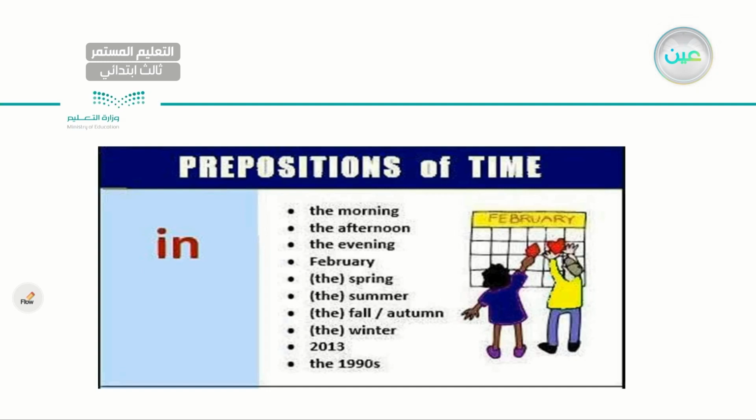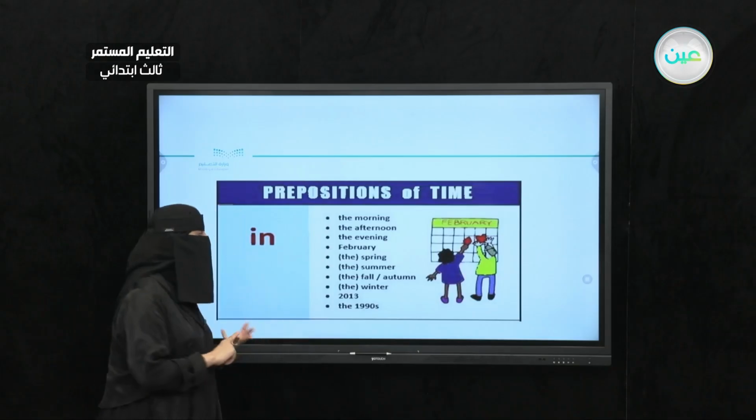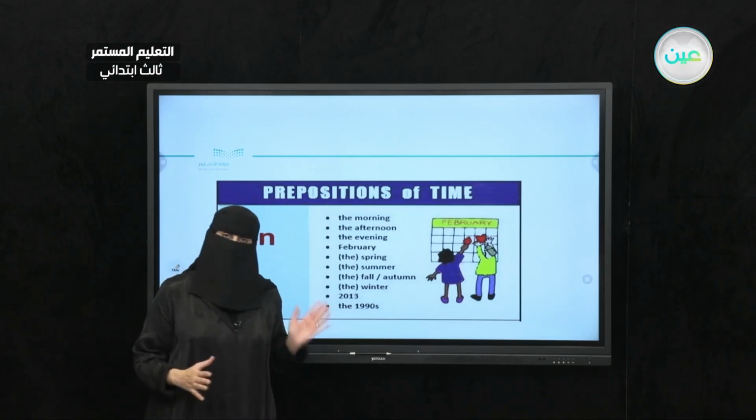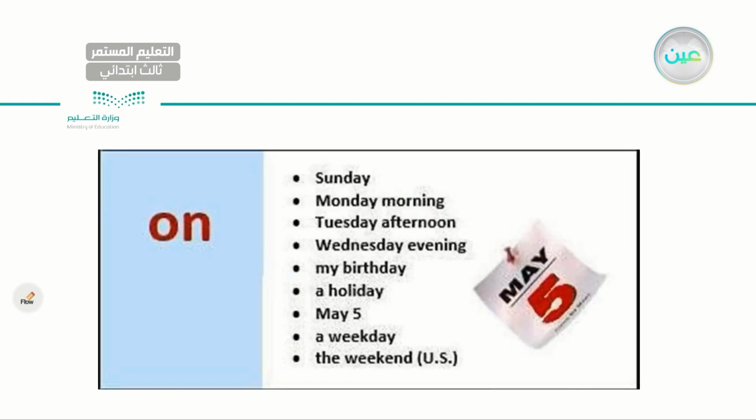Spring, summer, fall, winter, with seasons. 2013, with a year. 1990s, decades. So we might use in with these things. Let's try to revise them. Parts of the day, months, seasons, and years. Okay, so this is the first preposition, in.